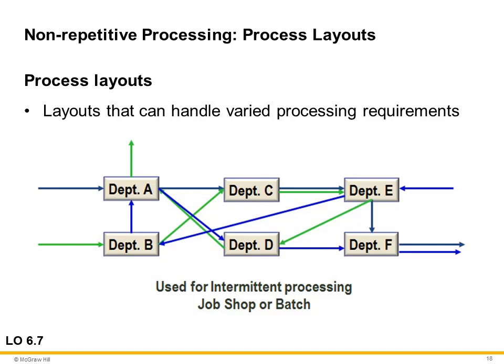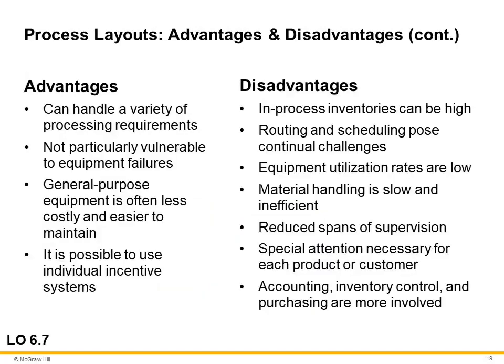Similar to product layout, there are advantages and disadvantages of employing process layout. As an advantage, in process layout, each station or department can address a variety of required work or process. And as a disadvantage, your in-process inventory is higher than other types of layout.